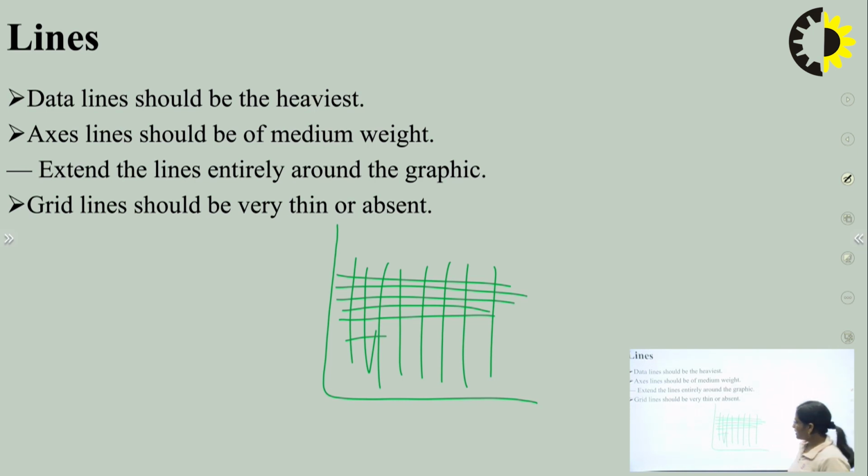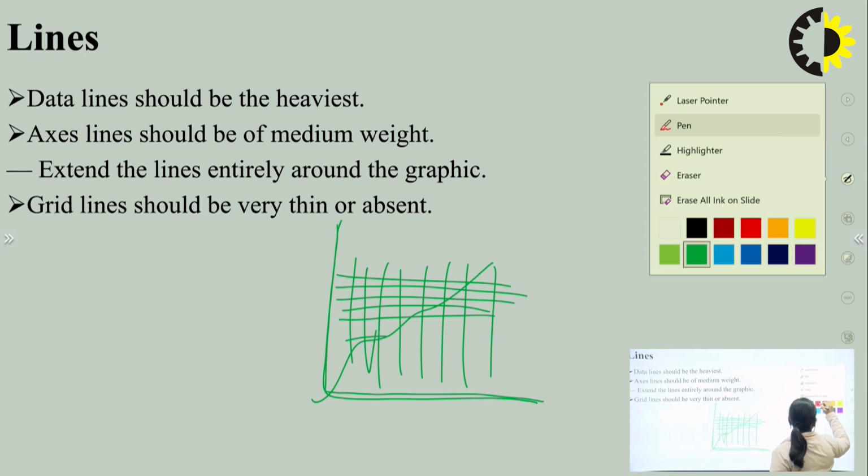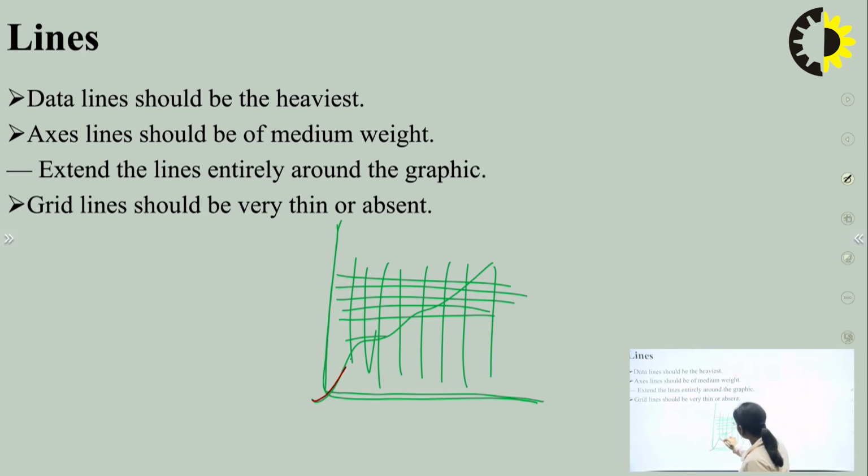Okay, then if you are talking about the axis line, this is our axis line. Axis lines should be of medium weight, and if this is our data, shown by this, then it must be heaviest. That means we have to make it the thickest line so that the user can easily see that data.